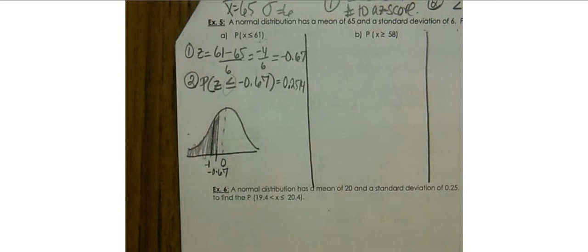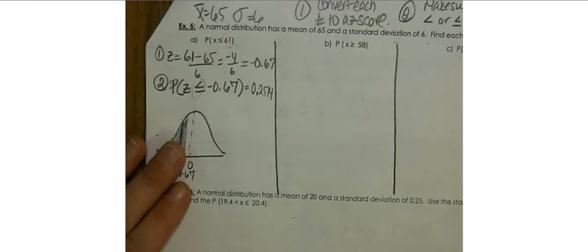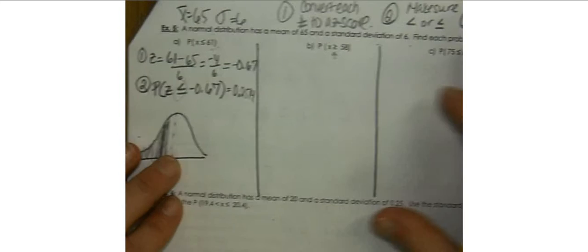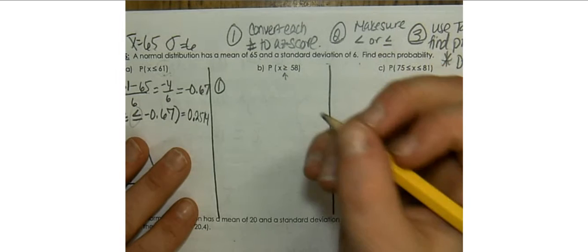Let's go ahead and look at letter B. For letter B, this is a little bit different. Notice that we have a greater than symbol. So remember that we want them to be written as a less than symbol, or a less than or equal to. So that means that we're going to be working with complements. So the first thing that we still do is always convert each to z-scores. So I'm going to write z is equal to 58 minus 65 divided by 6.